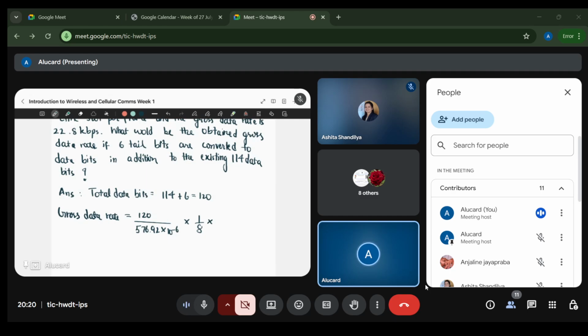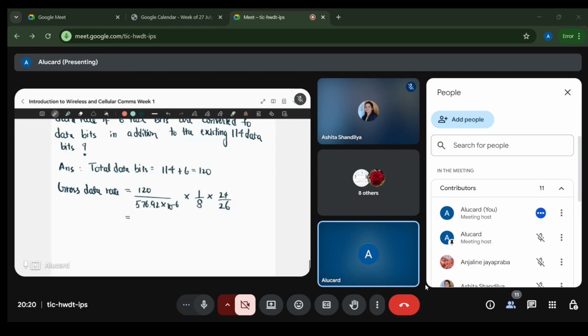Every 13th frame could not be used to transmit data. So it is 24 out of 26. You can do the calculations yourself and you'll get something around 24 kbps.